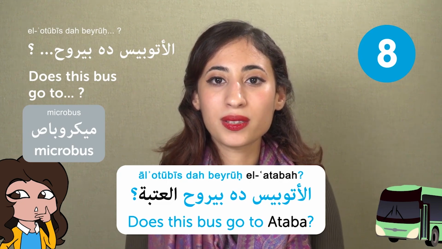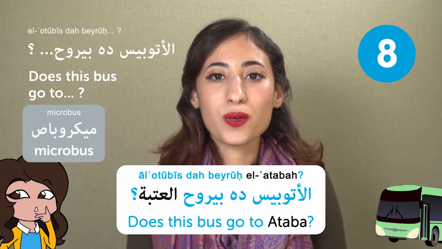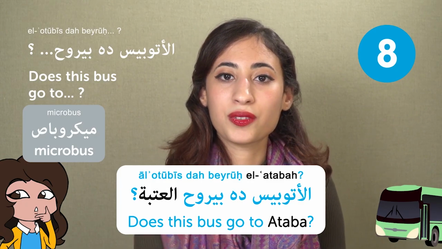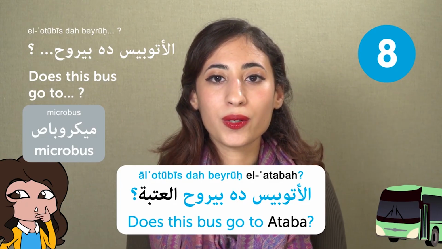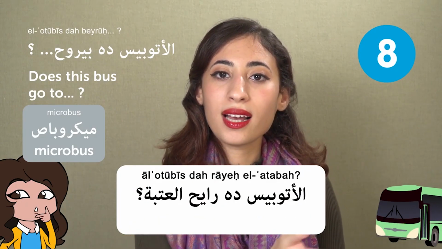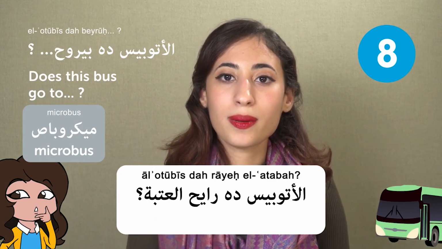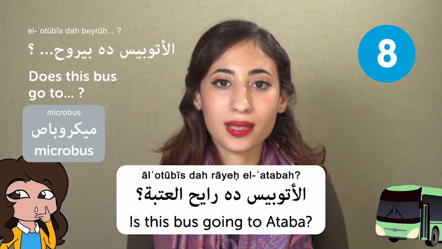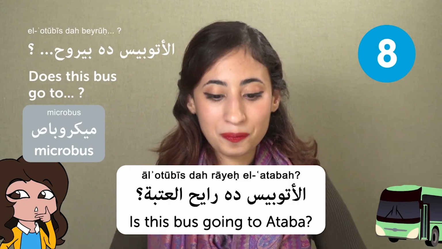They just take about 9 to 10 people, and it goes to the very local districts of Egypt in which the bus cannot really get into. So you can say الأتوبيس ده رايح العتبة. Does this autobus or minibus, is it going to العتبة or downtown?